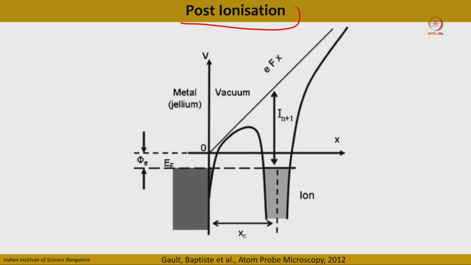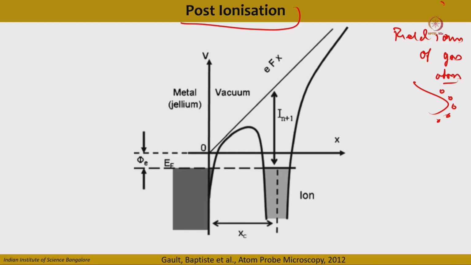As I think in the third class we talked about field ionization of gas atoms, field ionization of gas atoms which are near the tip surface. So, this is a similar phenomenon, which is post-ionization.